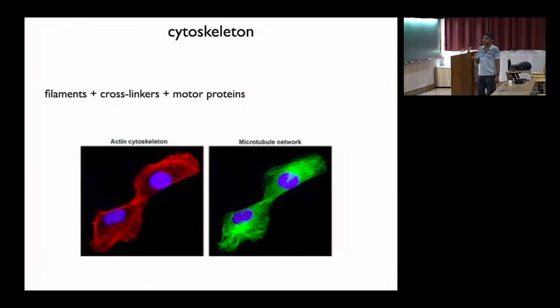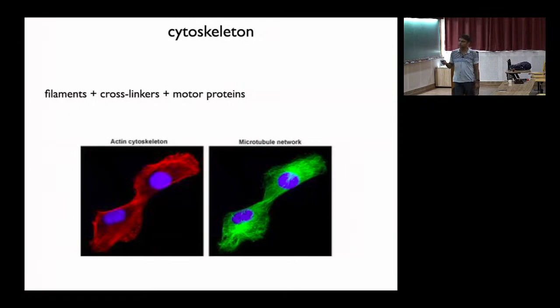So the cytoskeleton is made up of several kinds of filaments, microtubules, actin filaments, etc., and then associated motor proteins, and there could be cross-linker proteins. Cross-linkers could be non-motor cross-linkers, and of course cross-linking motor proteins can also be there.